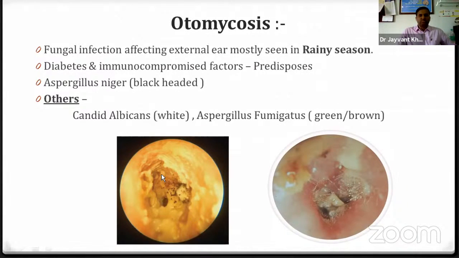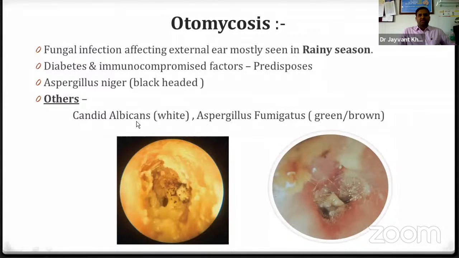You can see in this picture. Aspergillus niger is black-headed; others, Candida albicans, white. These fungi or debris may be seen in various colors.